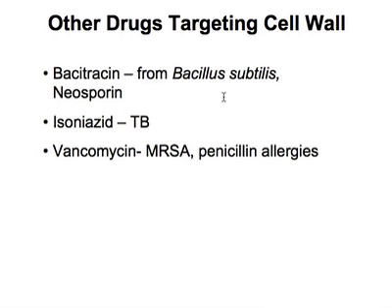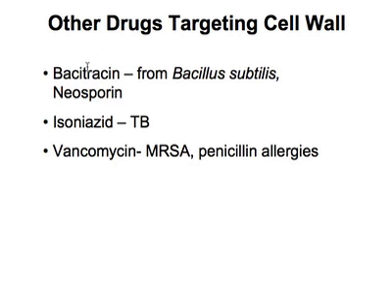Other drugs that target cell wall, so bacitracin, this is from Bacillus subtilis. This is actually another prokaryote or bacteria that produces this antibiotic to inhibit competitive growth of other bacterial organisms. And obviously this bacitracin would not work with Bacillus subtilis, but it does work well with many other types of bacteria.